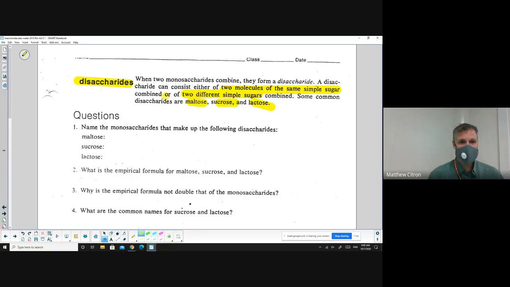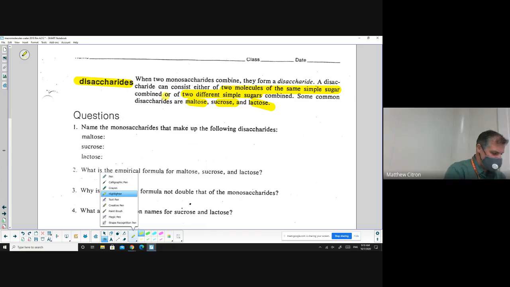So it's all right. So the monosaccharides that make up the following disaccharides, and I think some of you have the photocopy where that's crossed out, right? And some of you don't. I don't know why there are multiple versions of it, but name the monosaccharides that make up the following disaccharide. So the maltose we know is what? 2 glucose, right?